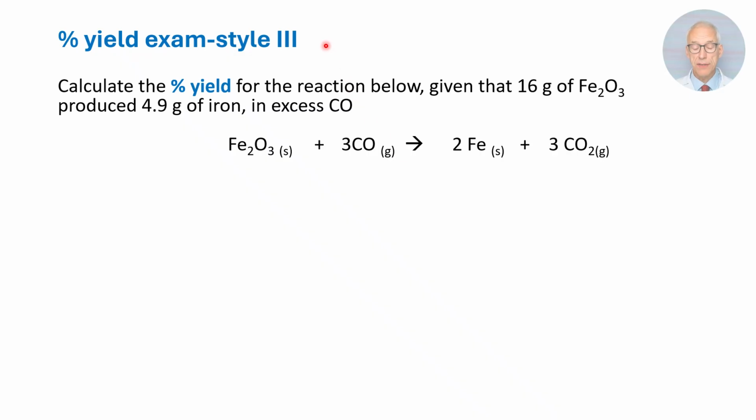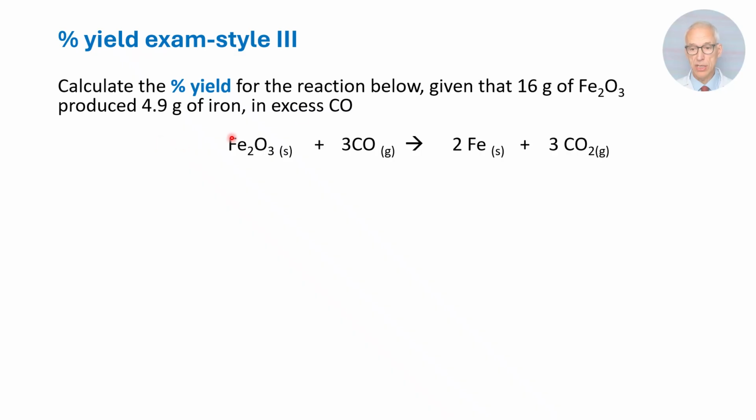So a far less frequent style of question is one in which you have to calculate the maximum theoretical amount from a balanced chemical equation and a starting amount of reactant, and then calculate the percentage yield. So here's an example. Calculate the percentage yield for the reaction below.